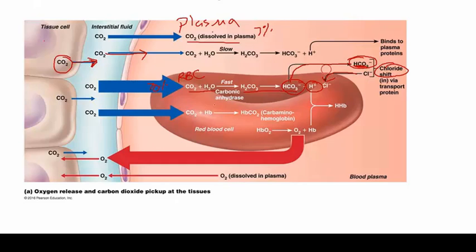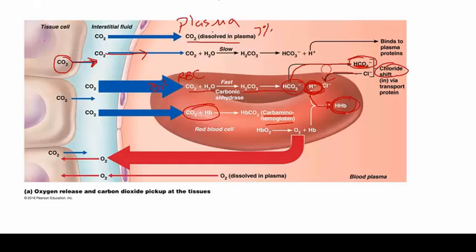Some CO2 will bind directly to hemoglobin, creating carbamino hemoglobin. And hydrogens made from the conversion to carbonic acid of carbon dioxide are actually going to bind to hemoglobin as well.